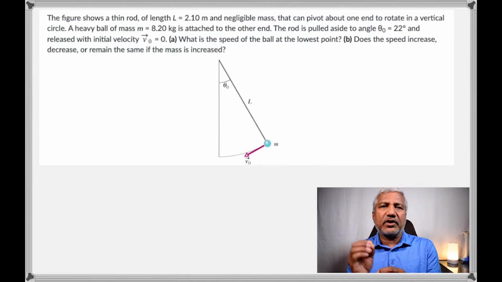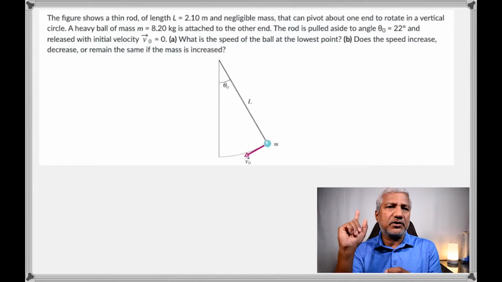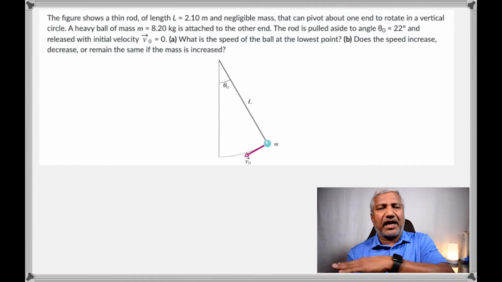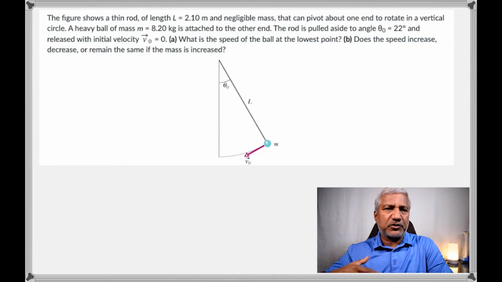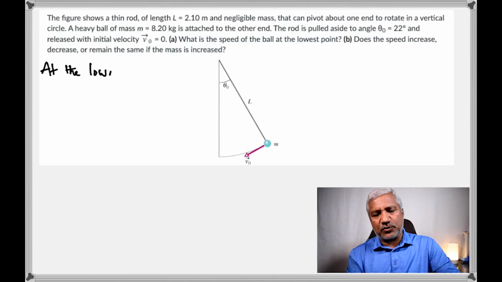So the potential energy at the highest point should be equal to the kinetic energy at the lowest point. Assuming that at the lowest point, we take that as the reference, the potential energy there is 0. So whatever potential energy it had at the highest point becomes kinetic energy at the lowest point. That is the idea.